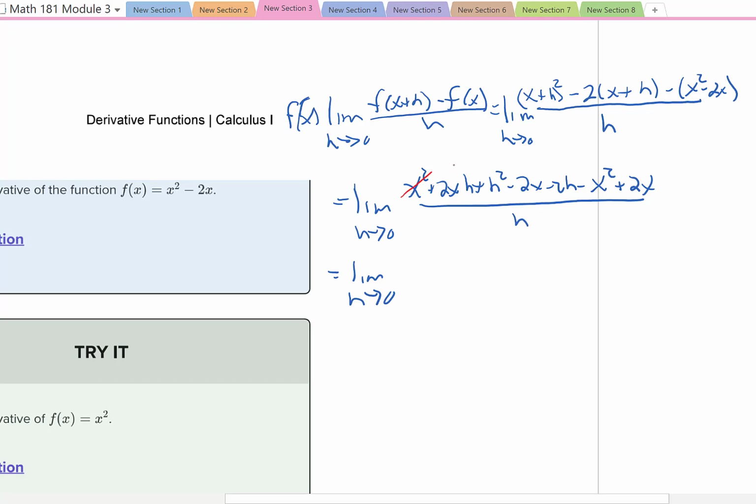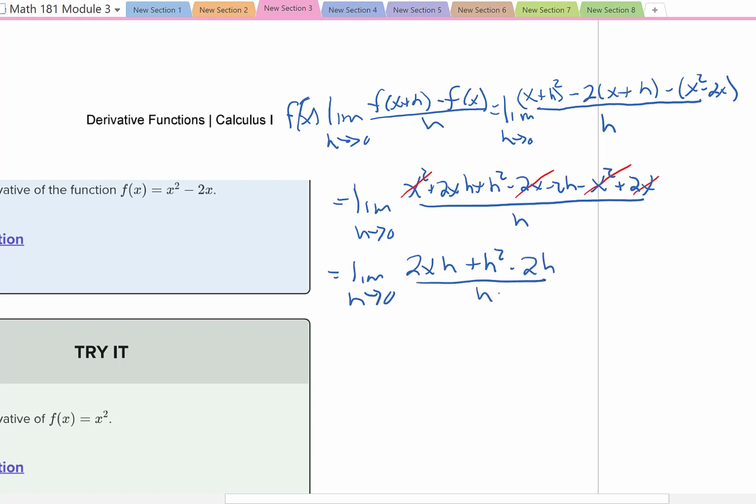The x squareds go away, and this 2x here goes away with that one. And this leaves us with 2xh plus h squared minus 2h all over h.